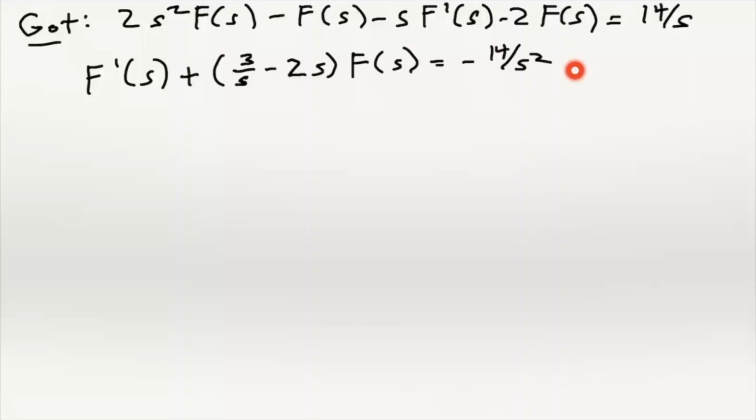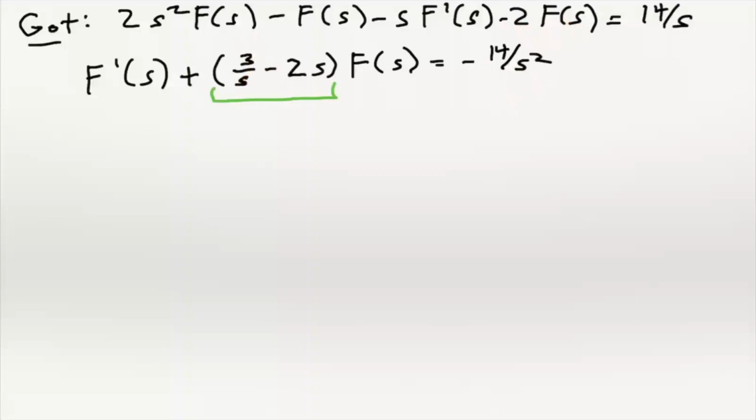What we did there was we isolated that F prime of s by moving it to the front and dividing both sides by negative s, so that it became a positive F prime of s. And then we gathered together the two F of s terms. F of s minus 2F of s is minus 3F of s, but then we divided by negative s, and we wind up with that. So that's our rearranged form.